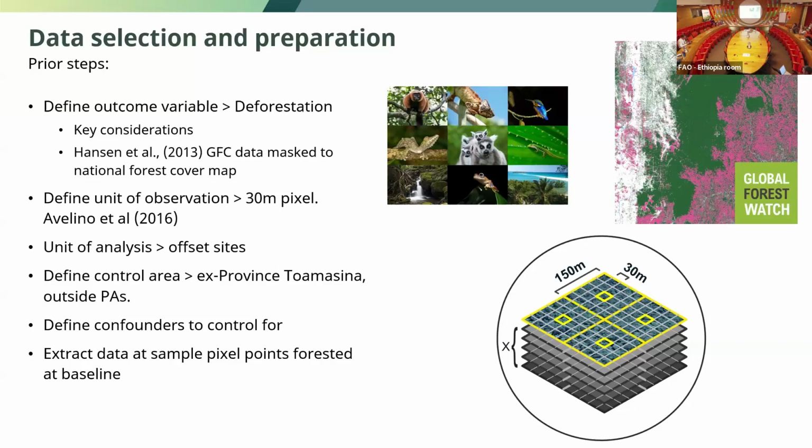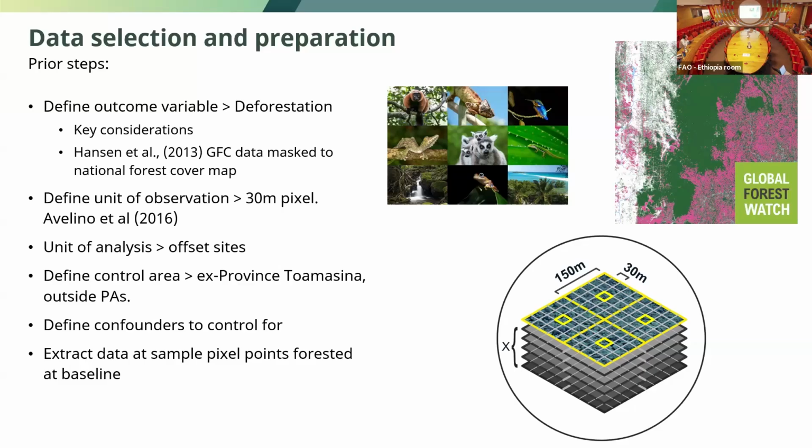Like, can you make the available data better by combining it with other data that you think is perhaps more reliable? Because we use that data, our unit of observation is the 30-meter pixel, but our unit of analysis is the offset sites. And this may seem a bit semantic now, but I think it makes more sense a bit later on when we start to work with the data and manage it.